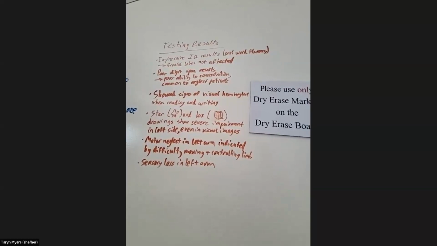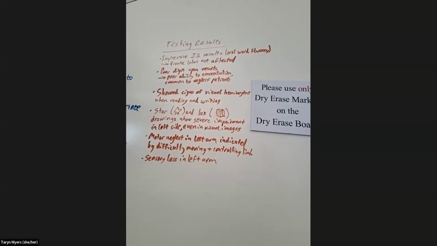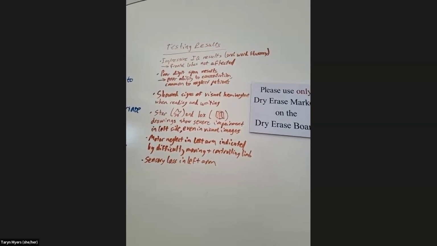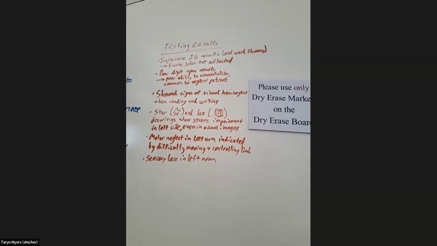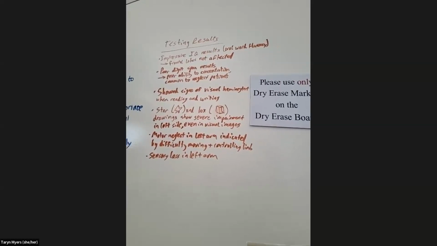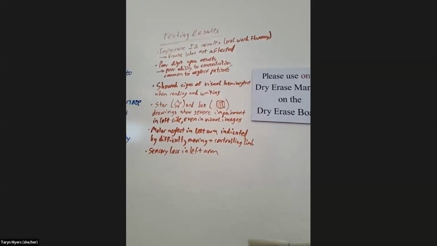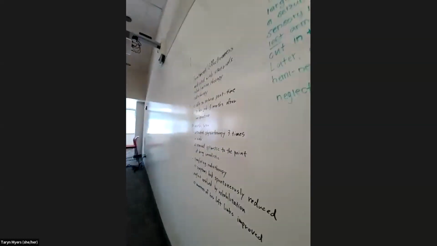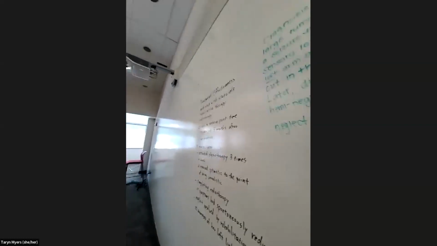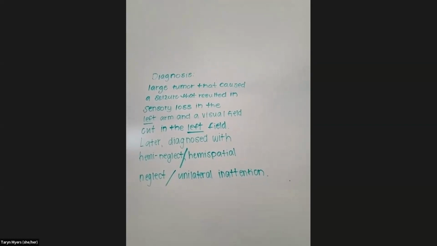She would only do about half of it on the right side and not try the left side of objects. And motor neglect in her left arm, shown by difficulty moving it, and also loss of sensation. So here's someone who not only is struggling with visual hemi neglect, but is just neglecting her left arm altogether, right? All right, diagnosis.